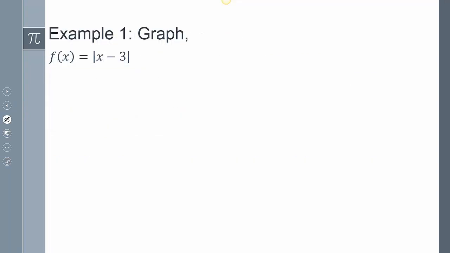So let's look at this one. It says f of x equals the absolute value of x minus 3. So I know by definition that this is going to be negative x if x is less than 0, and x if x is greater than or equal to 0.